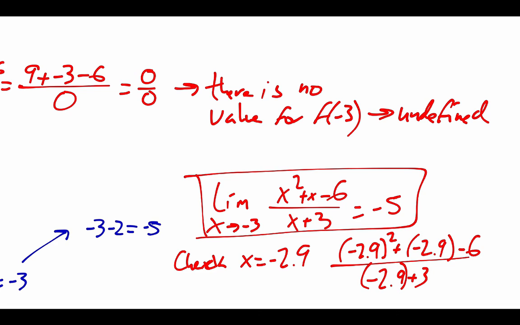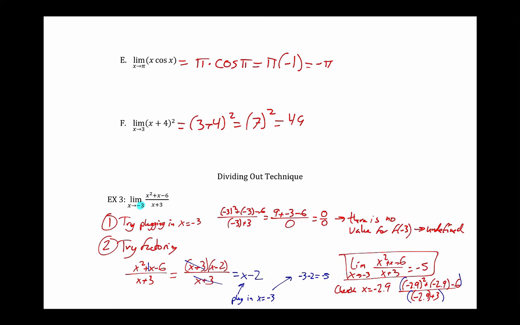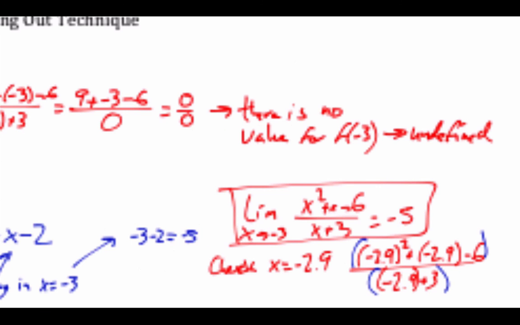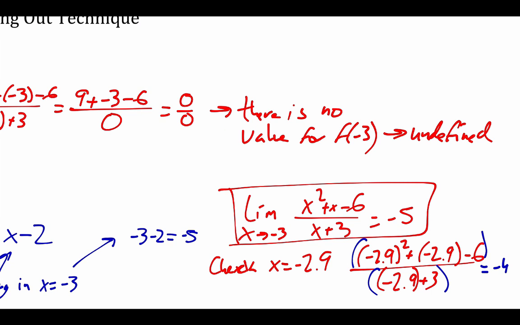If you do this on the calculator, which is the way I did it, make sure you put the whole numerator in parentheses and the whole denominator in parentheses, and you end up with -4.9. You can also plug in, say, -3.1, and you end up with -5.1. So it's really, really close to that -5, even though there isn't technically a point there.